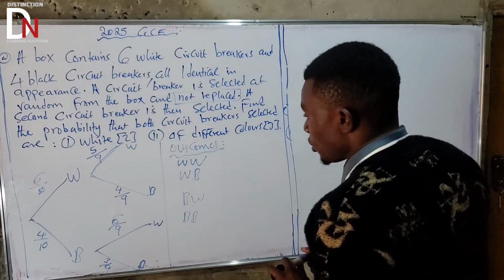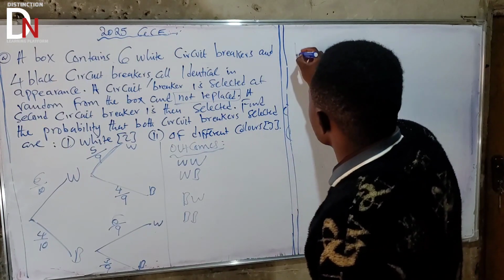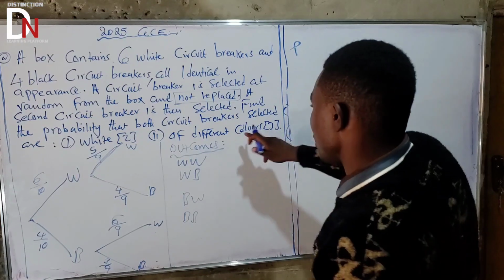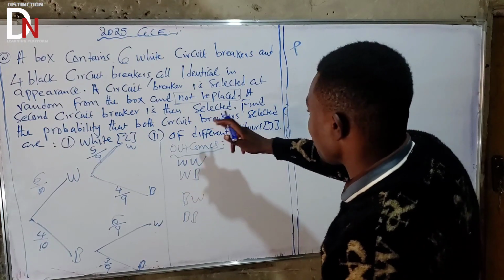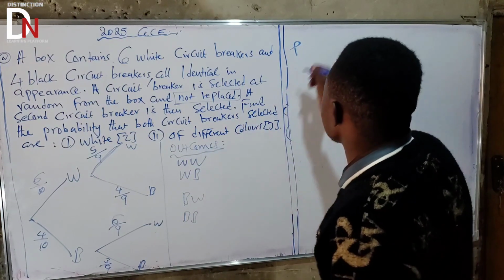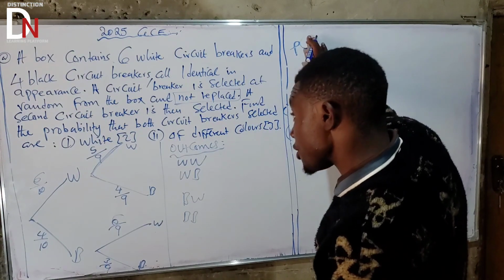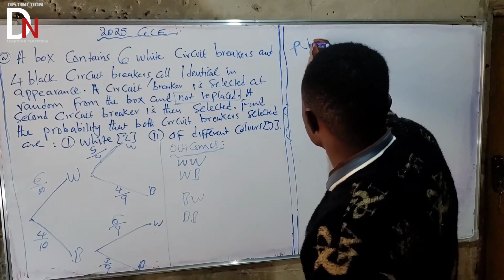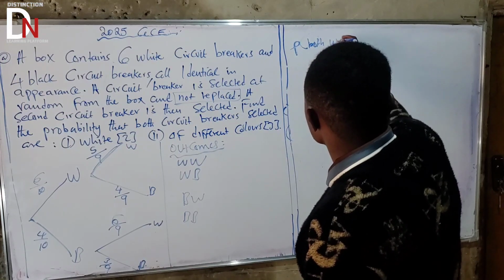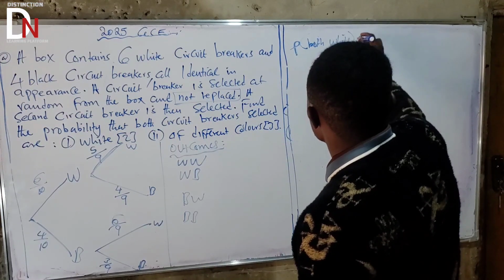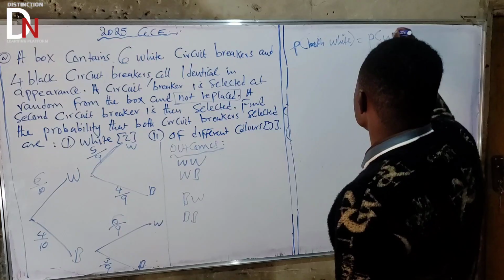Okay, so the first question is saying, find the probability that both circuit breakers selected are white. So the probability for white, both white, like that. I will say the probability for white.